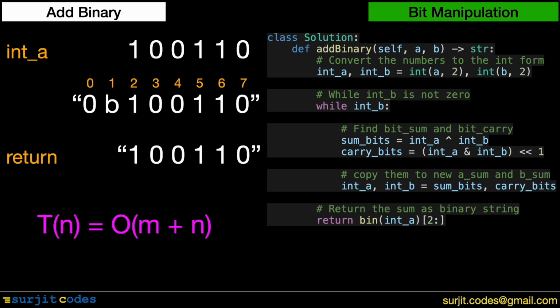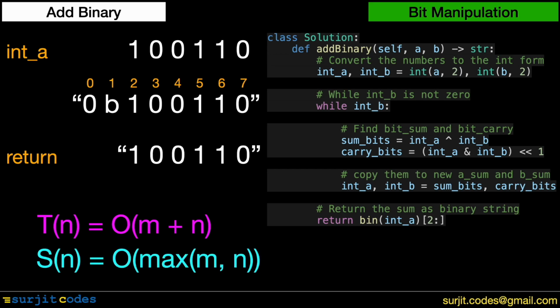We will now discuss the time complexity of this solution. If m and n are the lengths of the input strings, the time complexity is of the order of m plus n, because there are in all m plus n bits that are merged with each other. The space complexity is the number of bits in the final result, which is the larger of m and n.